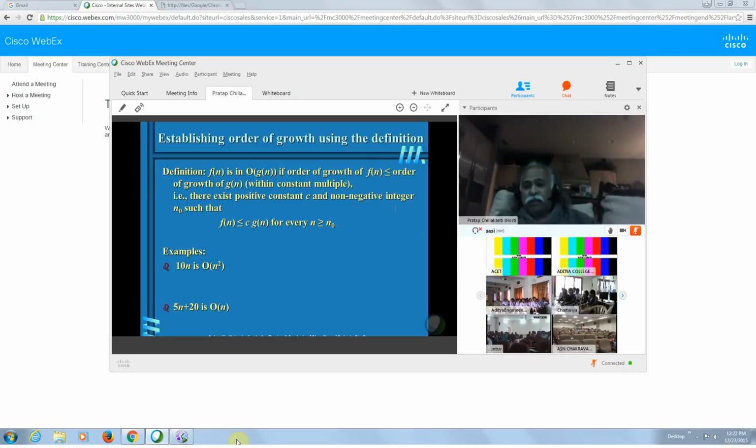Or Vasavi? Why do we say 10n is of the order of n squared? It's not really very intuitive.